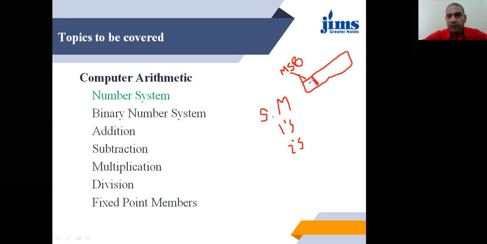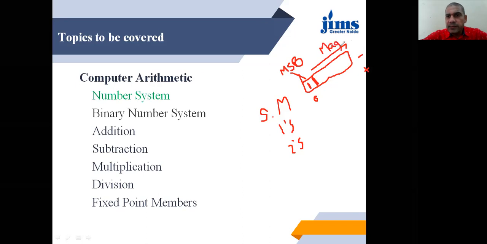When a 1 is present in this bit, it is a negative number, and when it contains 0, it is a positive number. The rest of the bits contain the magnitude of the number.